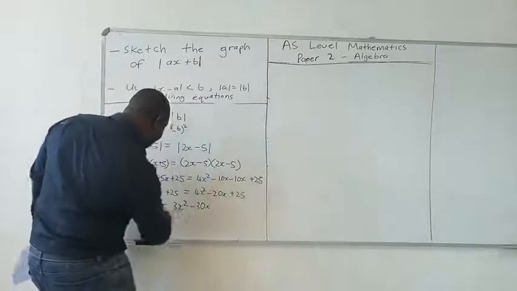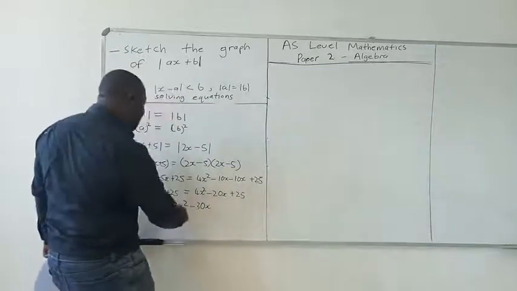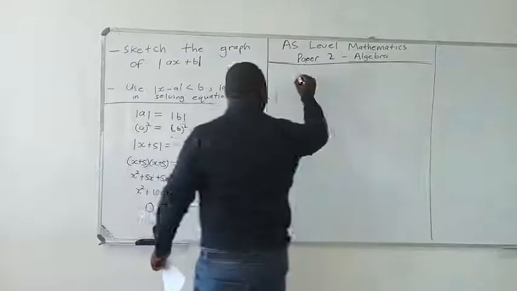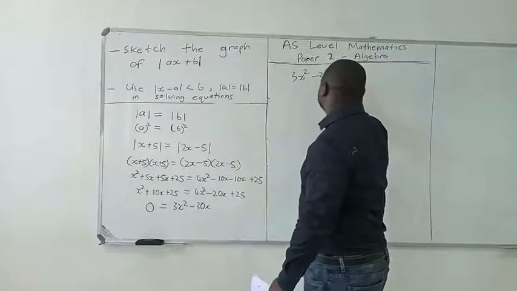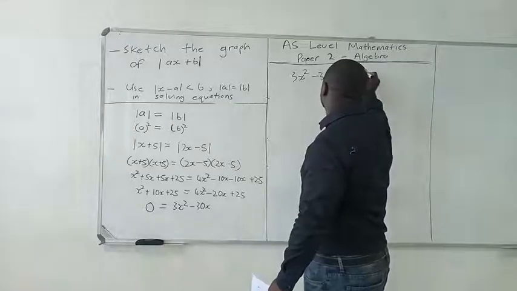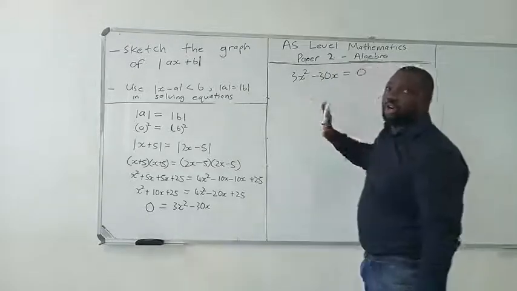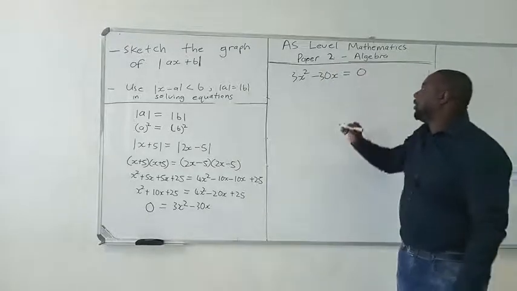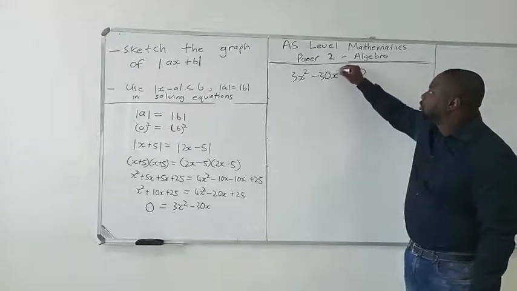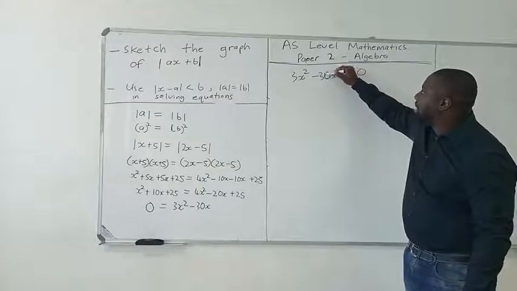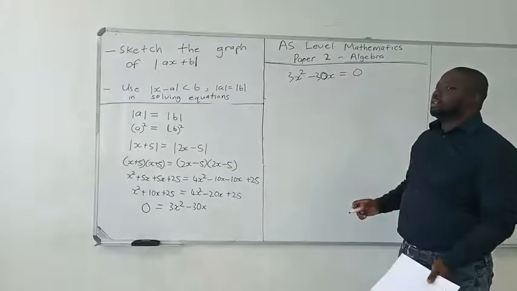Then from there, we solve this equation, which is 3x squared minus 30x is equal to 0. We already know how to solve this equation based on our IGCSE knowledge and also based on our paper 1 knowledge.